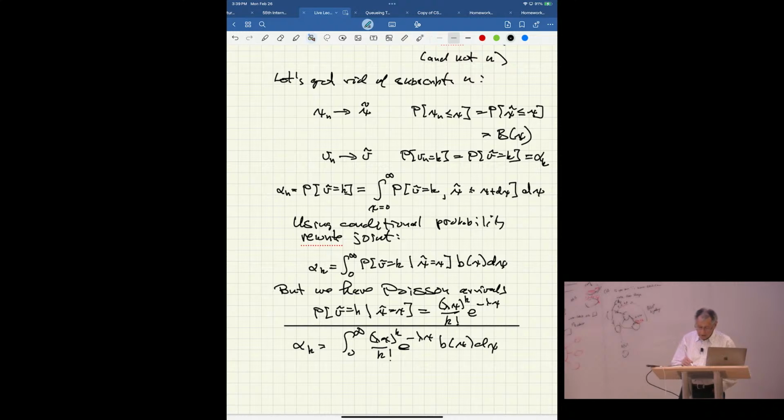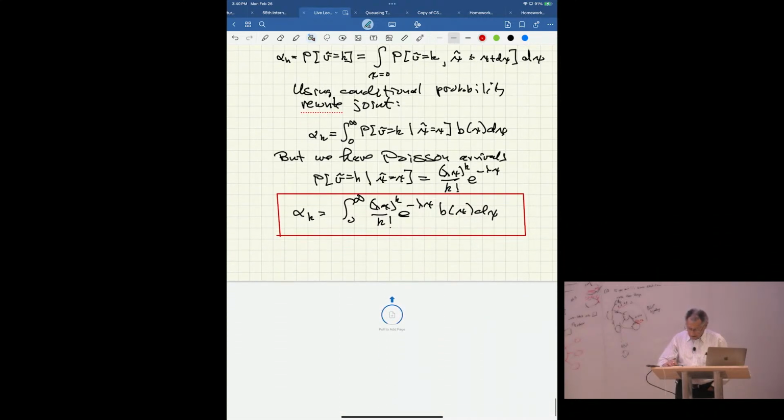Oops, that's not red. So now this unknown alpha k is written in terms of things I do know, the lambda and the b of x.